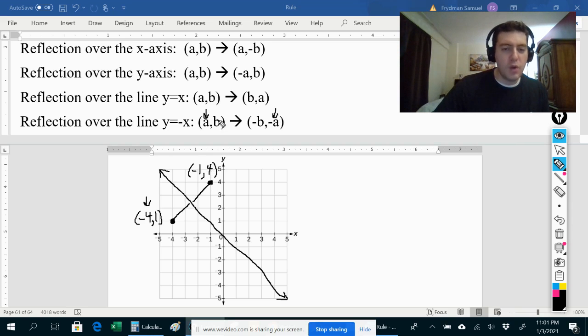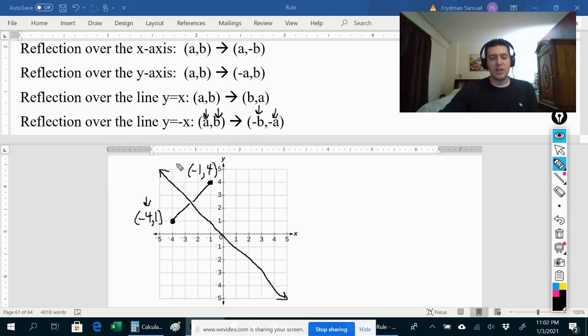And whatever the y-coordinate of the original point is, the opposite of that is going to be the x-coordinate of the image. So you can see here I wrote B, and here I wrote the opposite of B. And here the B was in the y-coordinate spot, right? Here it's in the first spot, which is where we put the x-coordinate.